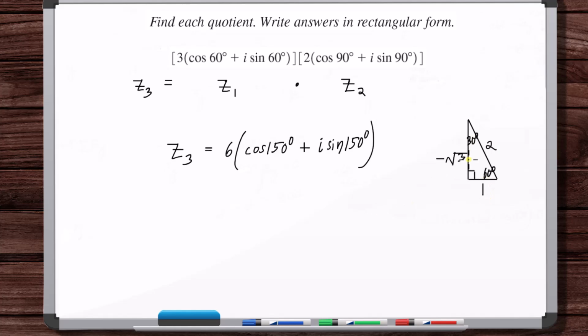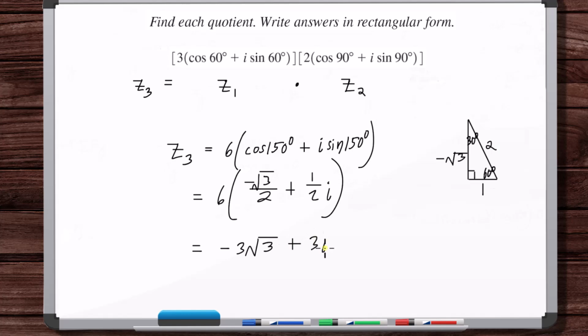So cosine of 150, using 30 as the reference angle, is going to be minus root 3 over 2. Sine is going to be just 1/2. So we've got minus 3 root 3 plus 3i.